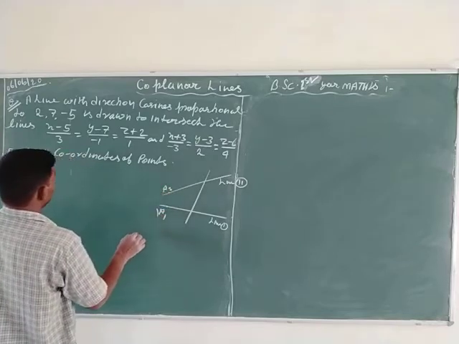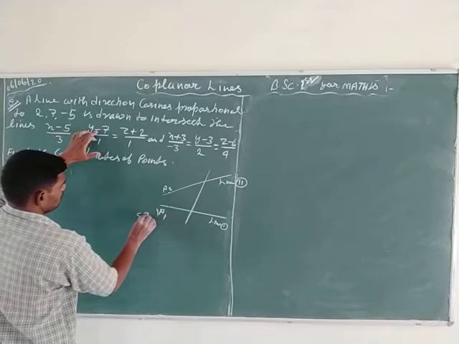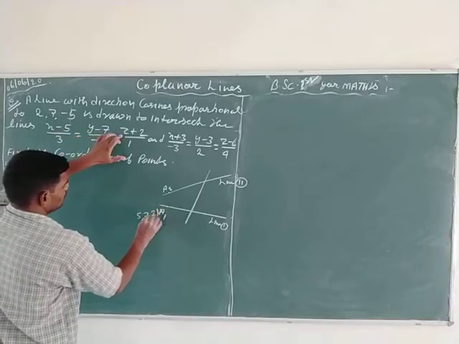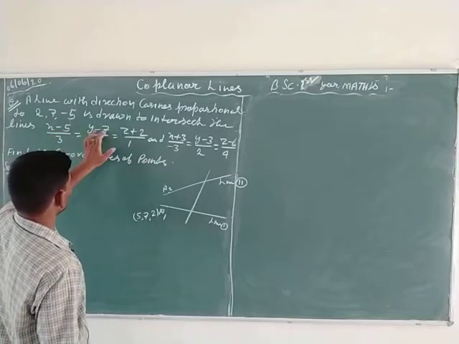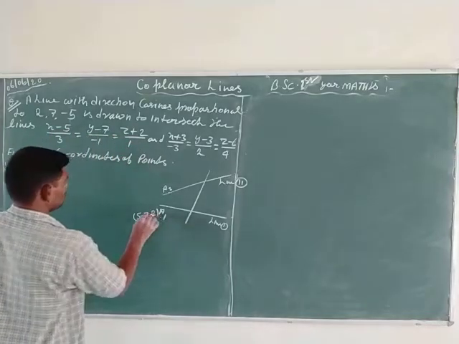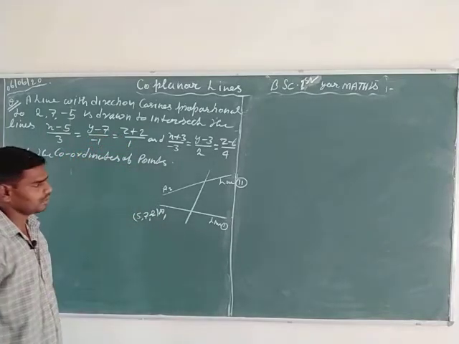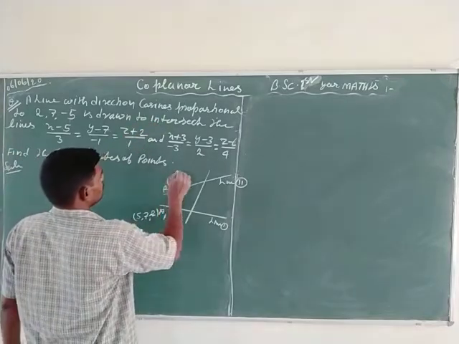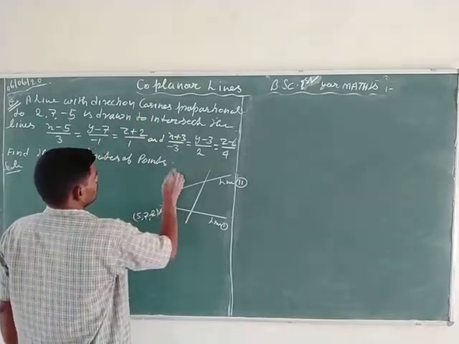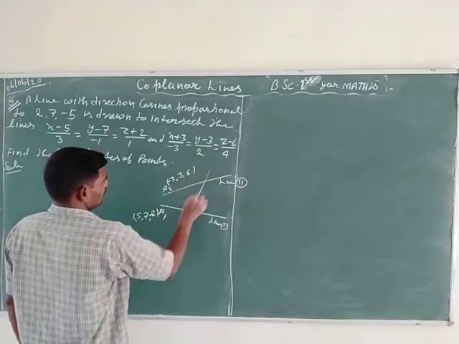The coordinates of A1 are 5, 7 and minus 2, and the coordinates of point A2 on the second line are 3, -3 and 6.